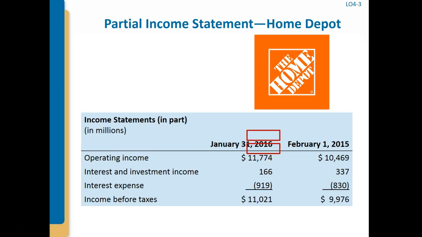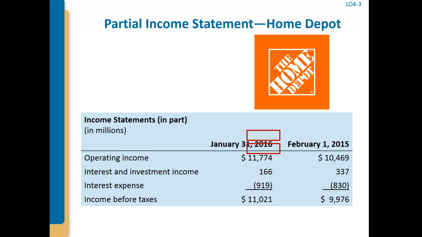The first one is interest and investment income that primarily includes gains on the sale of investments in another company's stock. Because Home Depot's primary business includes selling home improvement products, sales of investments aren't considered normal operations. So Home Depot reports these amounts as non-operating items.